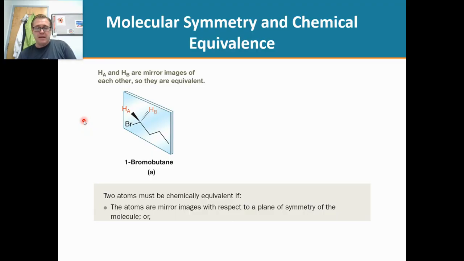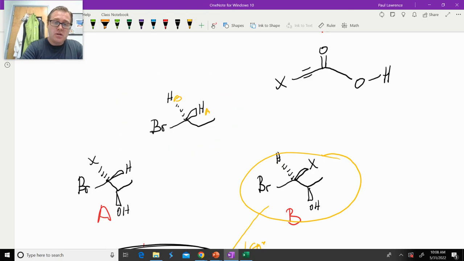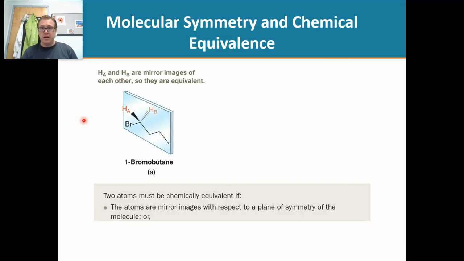Okay. Now, let's do that mirror image thing with this molecule when we made that minor adjustment by putting the alcohol group on it. Now, are HA and HB equivalent? Well, we already know the answer. They're not. They're diastereotopic. But if we try to use the symmetry method, what would we have to draw into this little slide here? We would have a wedged OH right there.